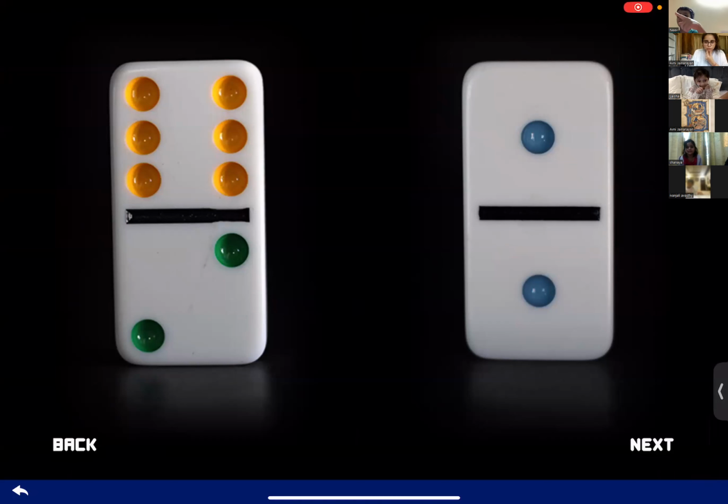How many green dots? 2. Nadia, can you tell me how many dots are there in total? Just count the dots. 6 and 2 is 8. And then we have another blue here, right? How many blues do you see? 2. Very good. 8 and 2 is 10.